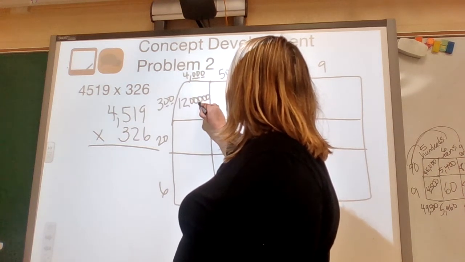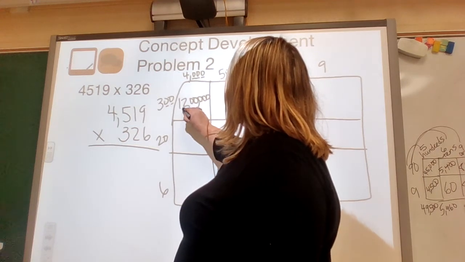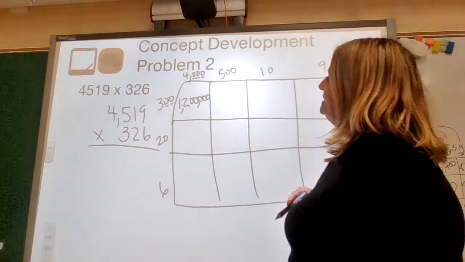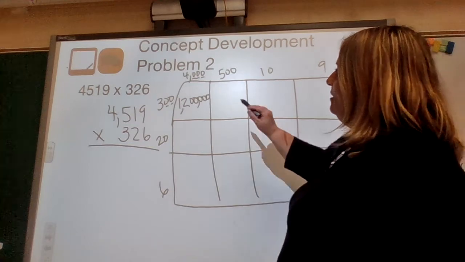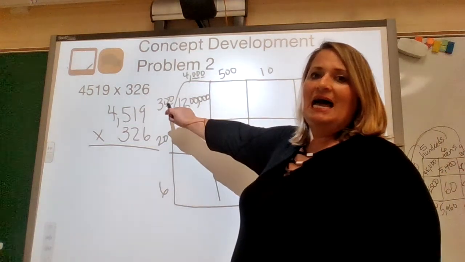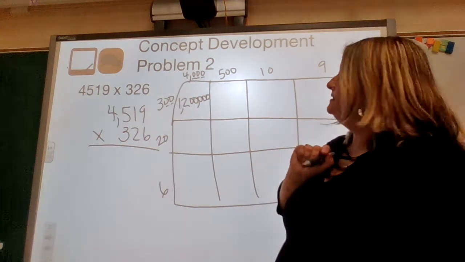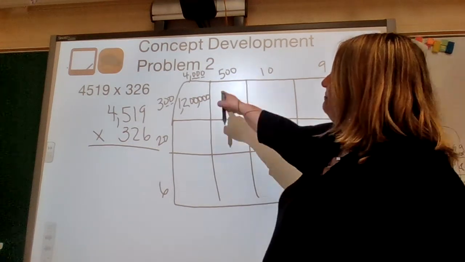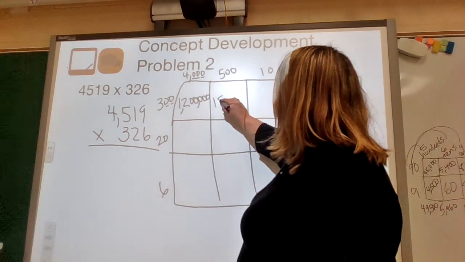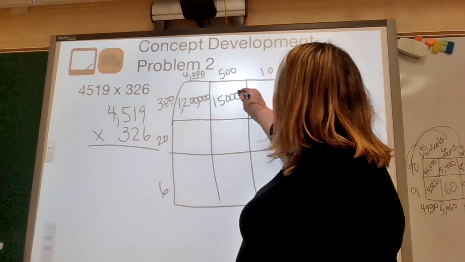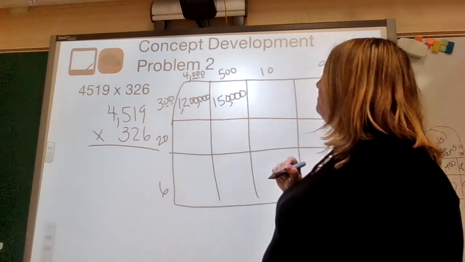So I have 1,200,000. Now I have 100 times 100. And I know that's going to give me 10,000. So I know that 5 times 3 is going to be 15. And that's going to be 150,000.